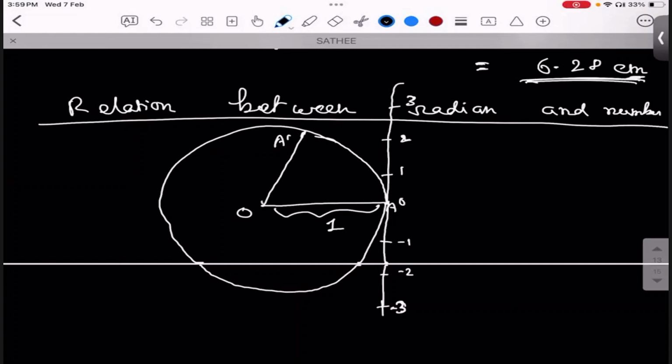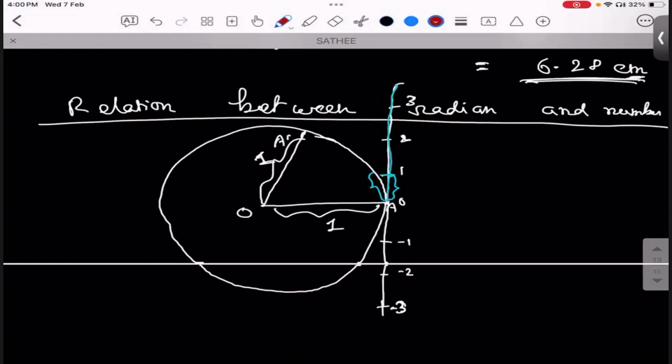Now observe one thing. This arc length and this radius are 1. Both the radii are 1. Now if I wrap this line, this blue line, which is the positive direction of the numbers, on the circle, then what will this one give us? This distance gives the arc length from here to here, right?